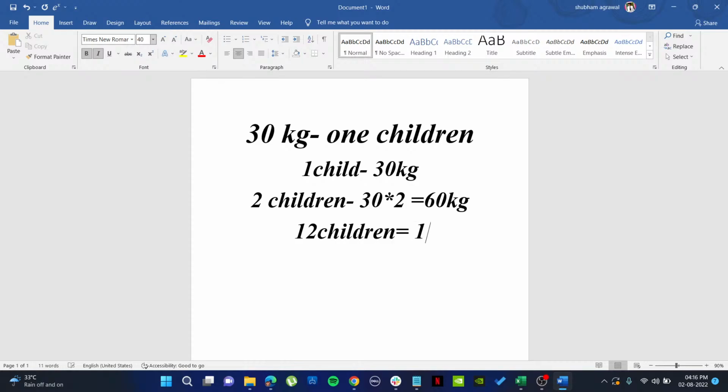Similarly, if we have to figure out the weight of 12 children, it is going to be 12 times 30, and if you multiply 12 by 30, we will get 360 kilogram. I hope this concept will be clear to you. Okay, here the weight is going to be 360 kilogram.